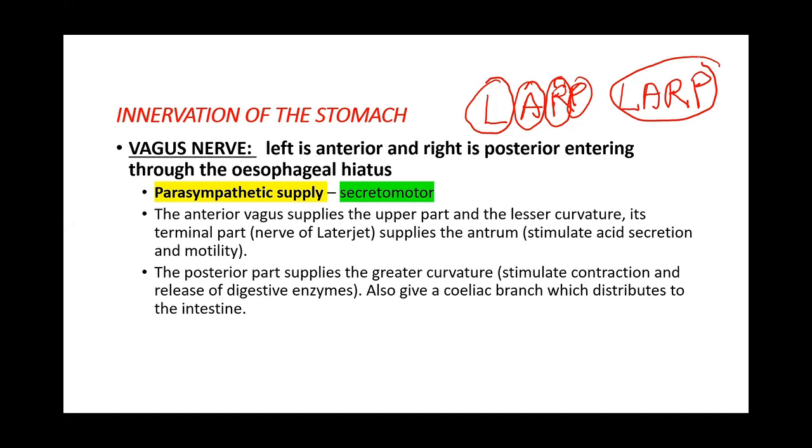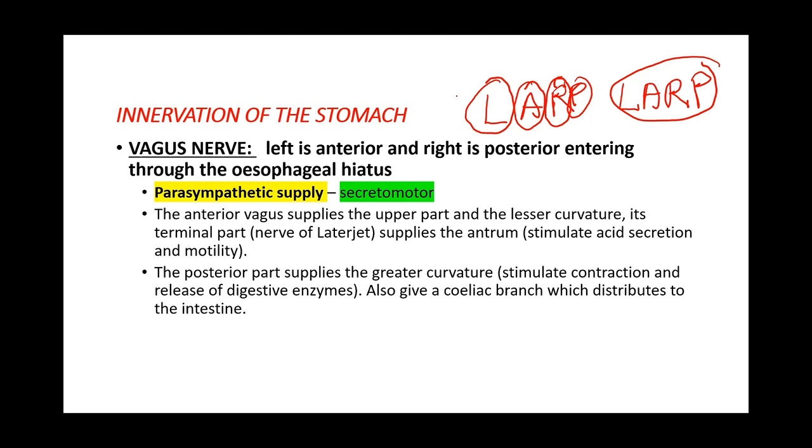The anterior vagus supplies the upper part of the stomach and the lesser curvature. Its terminal part is called the nerve of Latarjet. It supplies the antrum and stimulates acid secretion and motility.